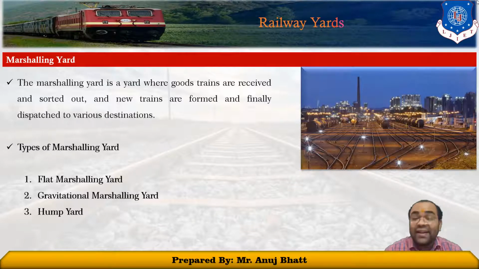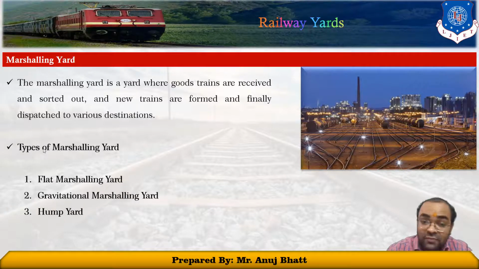In the flat type of yard, all the tracks are laid almost level and the wagons are relocated for sorting with the help of an engine. This method is very costly as it involves frequent shunting, which requires constant use of locomotive power.